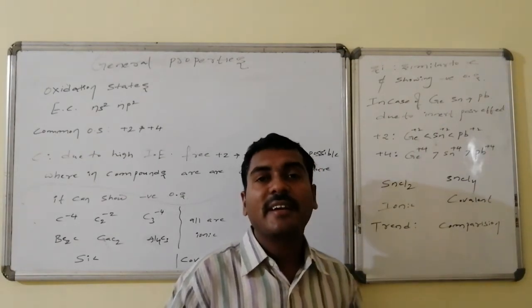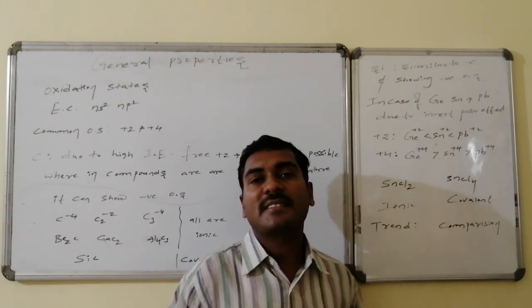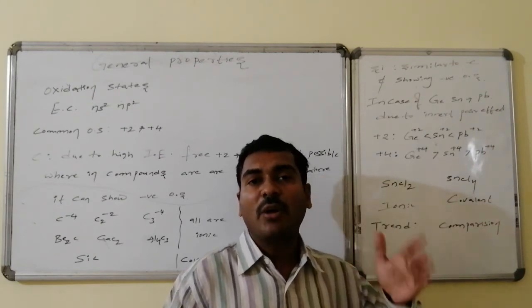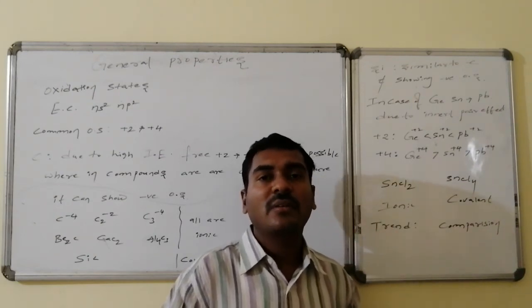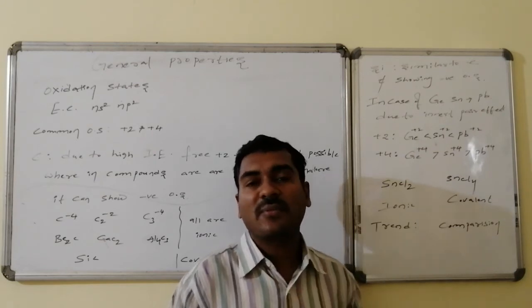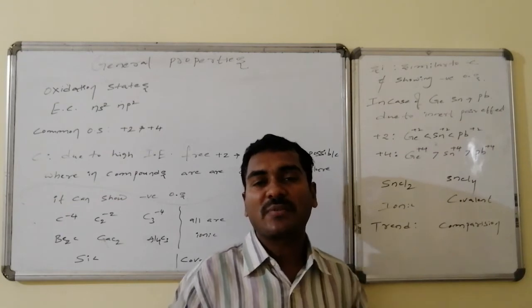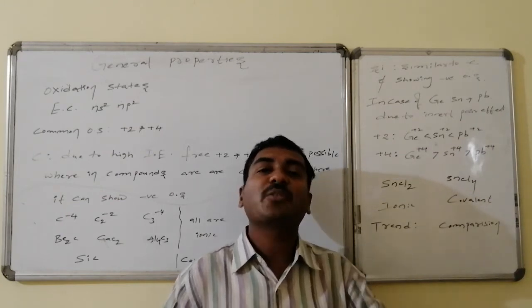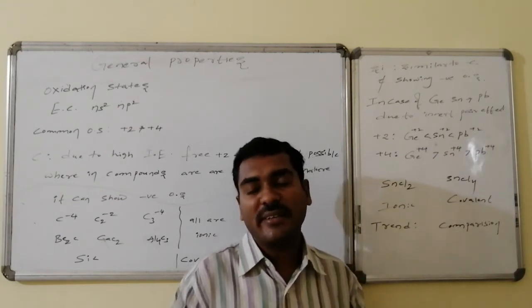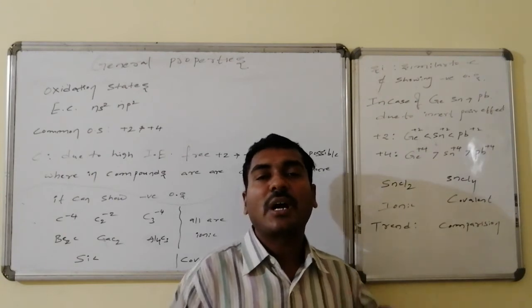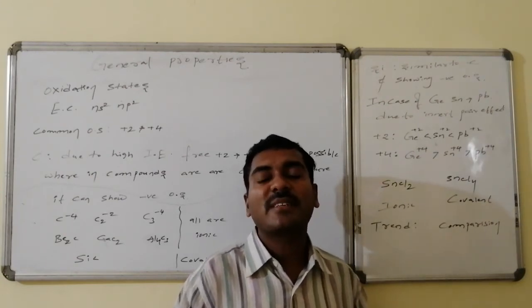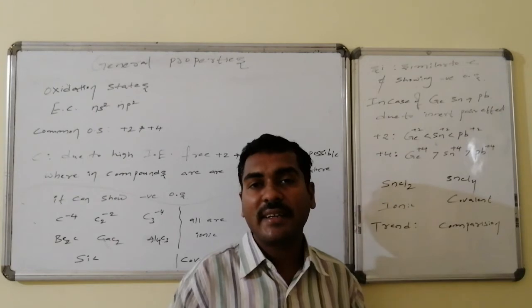As for the trend in oxidation states, the top elements generally show non-free +2 and +4 oxidation states, while bottom elements can show free +2 and +4 oxidation states. Due to the inert pair effect, the +2 ability goes on increasing. The top elements are non-free, which implies they are possible only in covalent compounds.